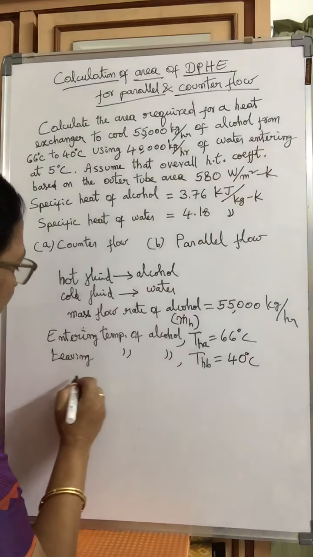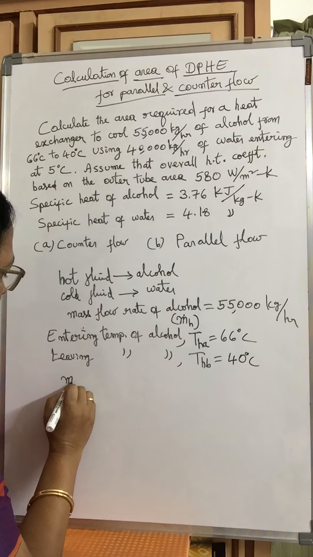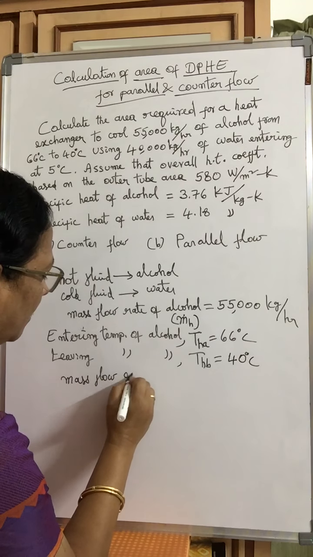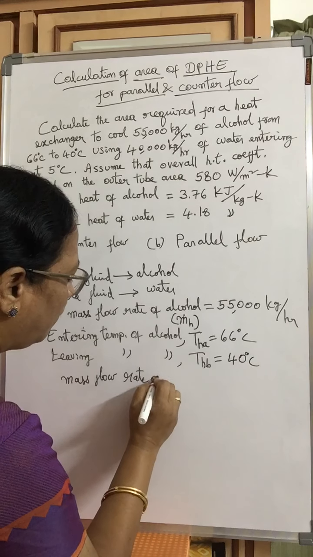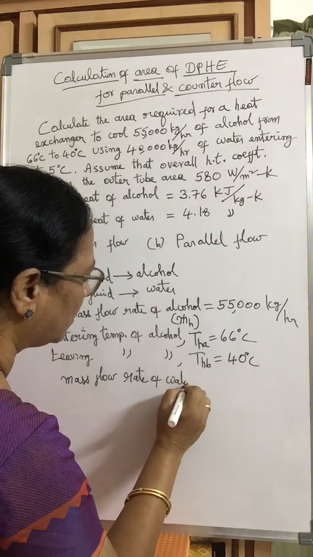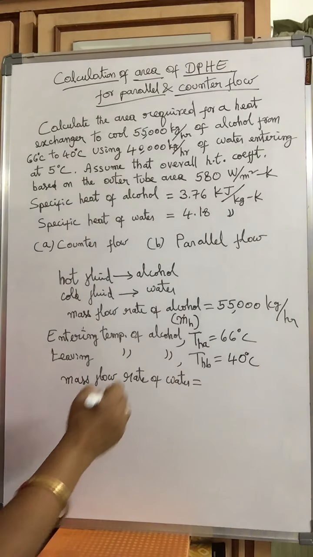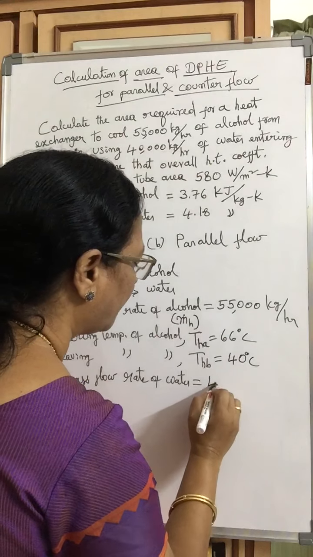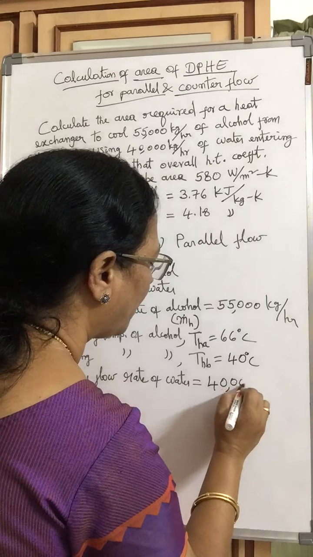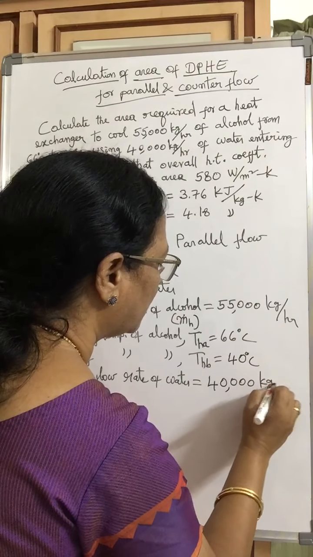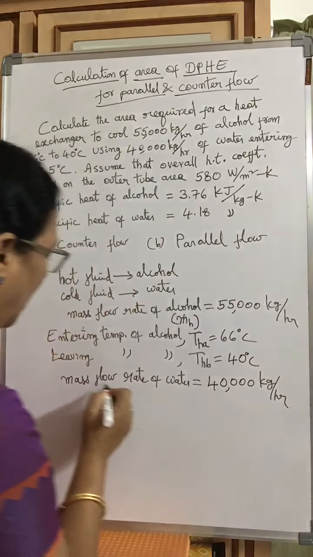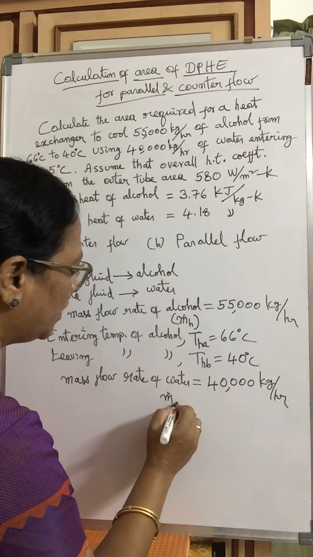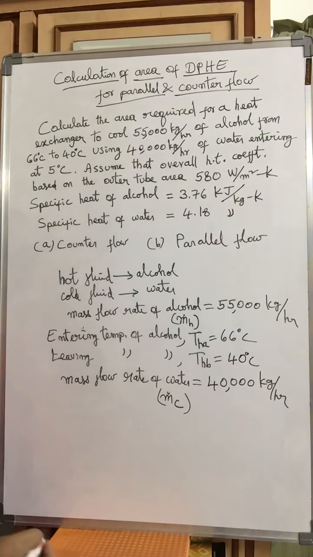Mass flow rate of water is given. Mass flow rate of water is 40,000 kg per hour. Mass flow rate is denoted by m dot. Water is cold fluid, so it is m dot c.